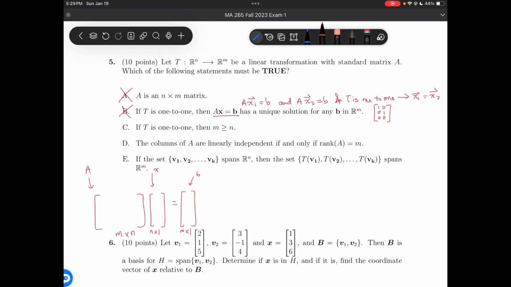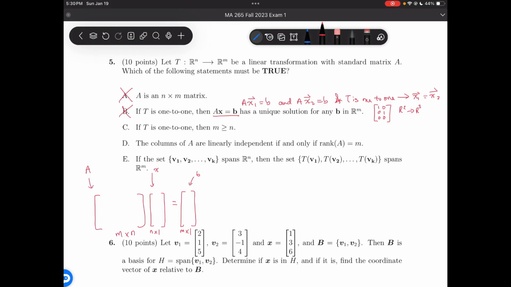In this case, this would be a transformation from R2 to R3, and this is 1 to 1 because it's not possible for us to have two vectors in R2 that map to the same vector in R3.